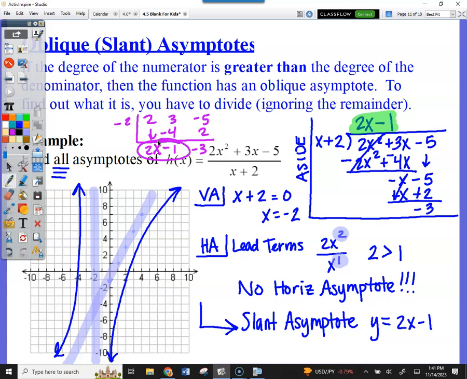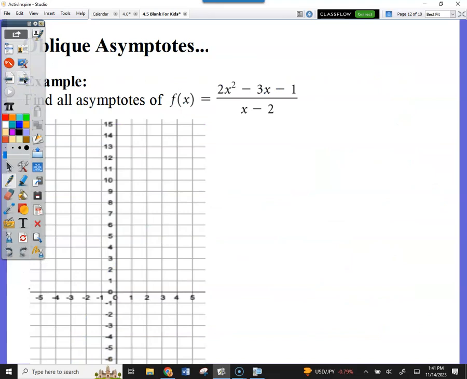Okay, let's practice this one, and then we will call it done. Find all the asymptotes. Okay, so here we go again. We're going to do vertical, we got horizontal, and we've already said there's going to be a slant.